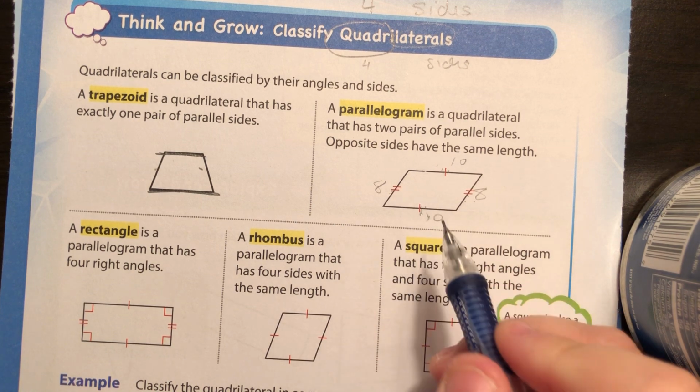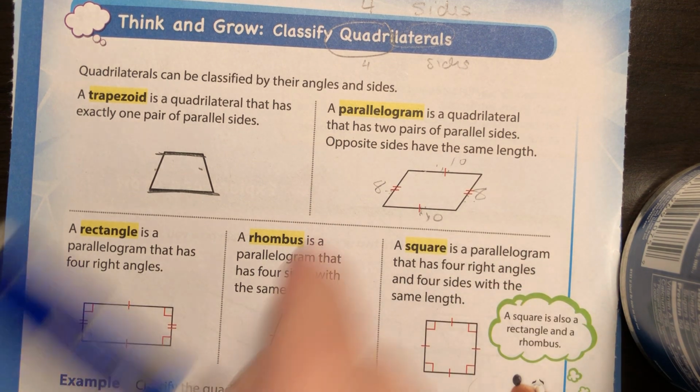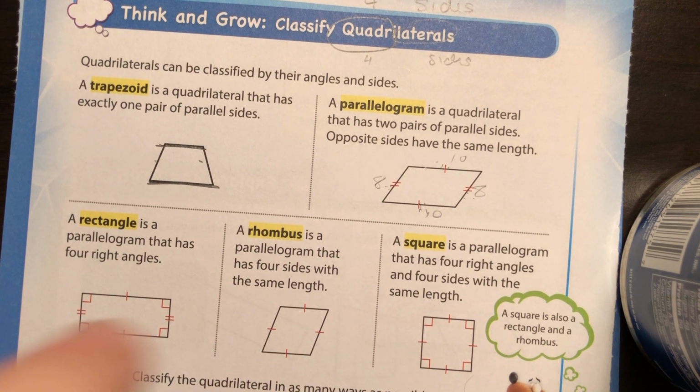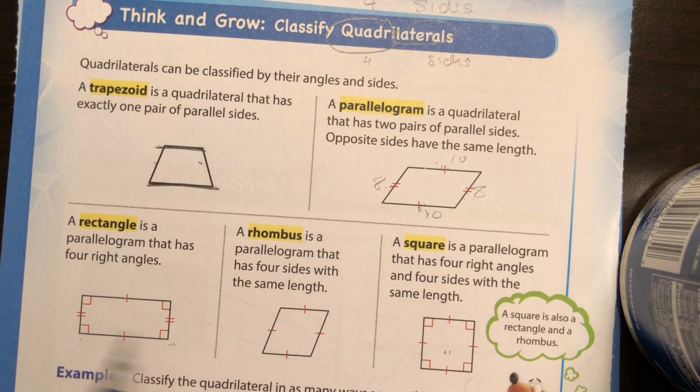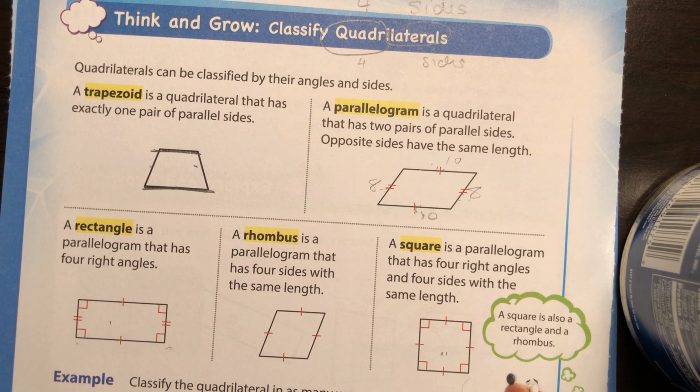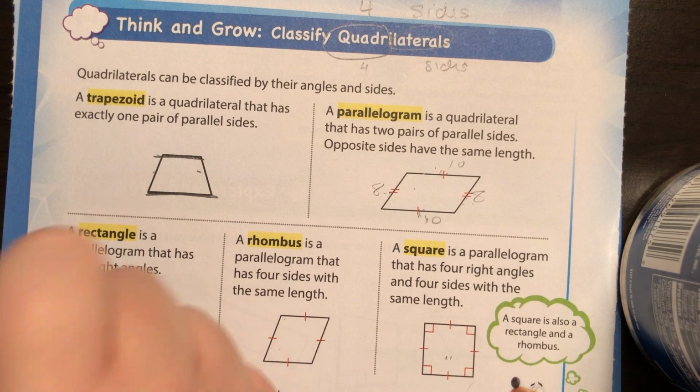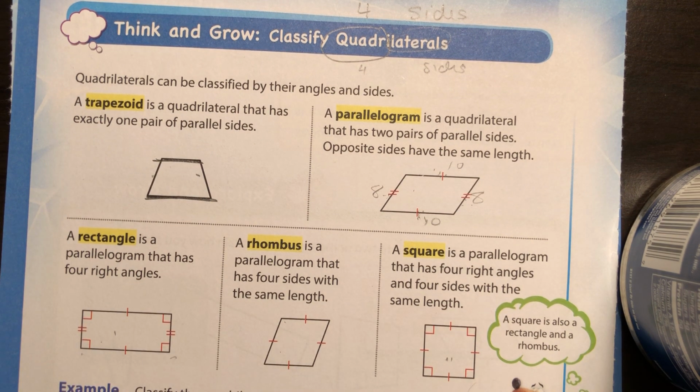Now, a parallelogram can have 3 more specific names. A parallelogram can be a rectangle, a rhombus, or a square. A rectangle is any parallelogram that has 4 right angles, which means a square is also a rectangle. A rhombus is a parallelogram that has 4 sides with the same length. Okay, so a rhombus is a parallelogram, but a rhombus is not a rectangle because it doesn't have right angles.